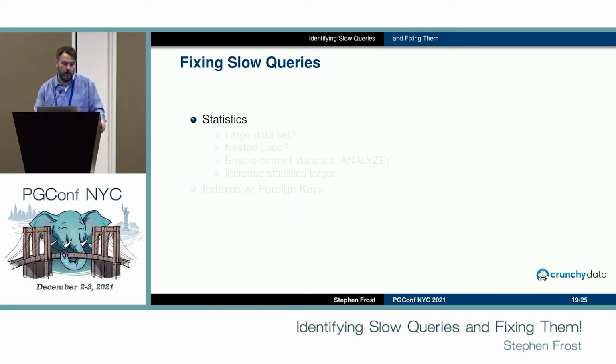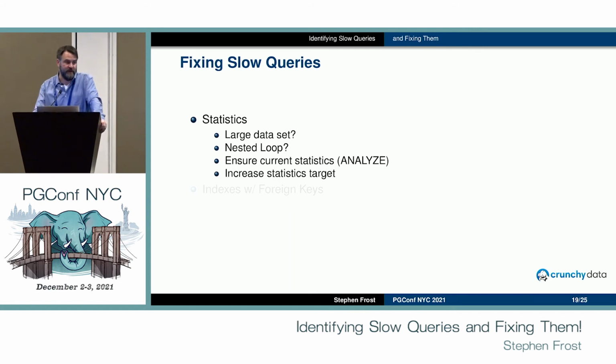In the event that you are seeing things like a large data set with a nested loop, sometimes this can happen due to statistics not being updated, right? In particular, when you do an explain analyze and you're seeing the row estimate, the number of rows that Postgres thinks we're going to get back at a given node, and the actual number of rows that we're getting back from that node being way off, especially at the lower levels like index scans and sequential scans, that's going to be an indication that our stats are off.